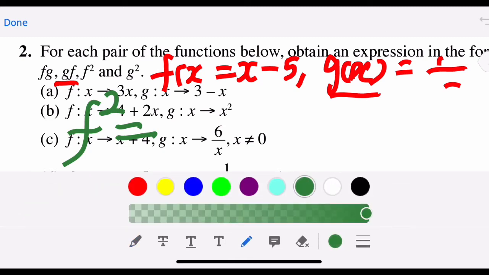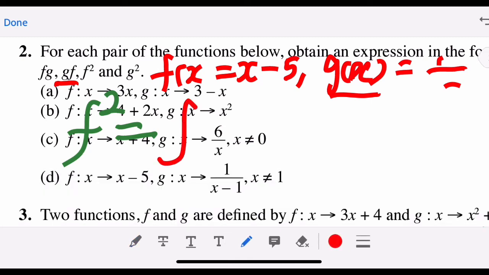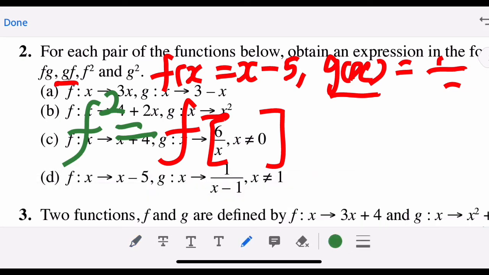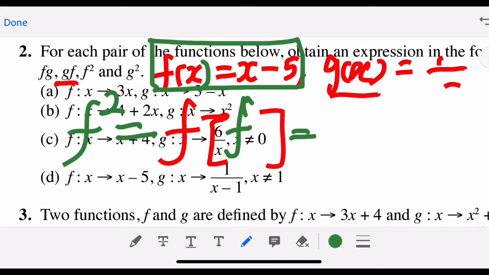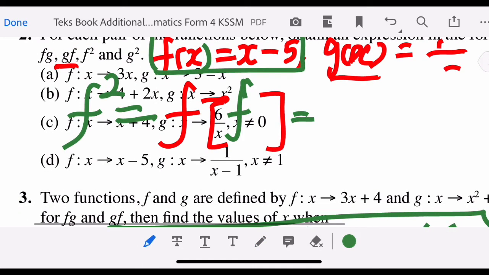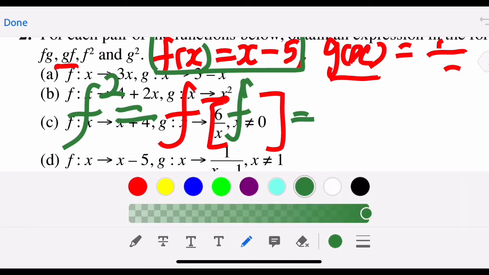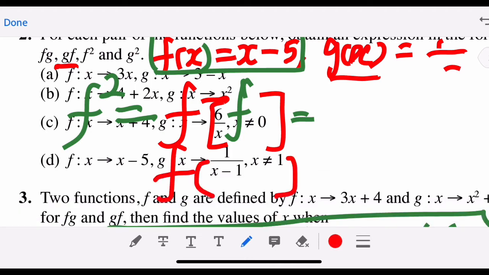But I think I need to explain to you. f2 means function f with the object f. Okay, so I'm going to use the object as green color. So I'm going to start with the f(x) here. Okay, so when you want to find the composite function, you always refer to the function that you want. Okay, you copy down the function, and then you just leave the object empty like this.